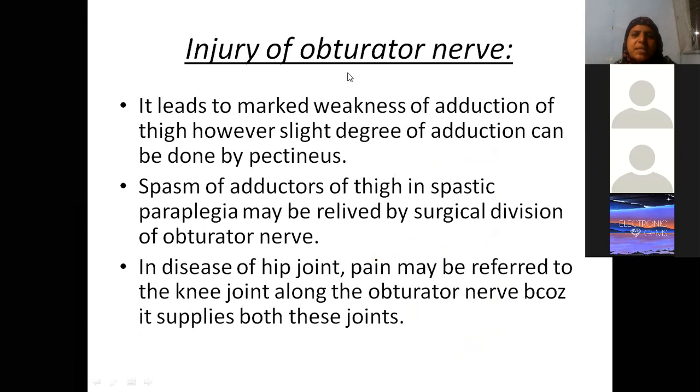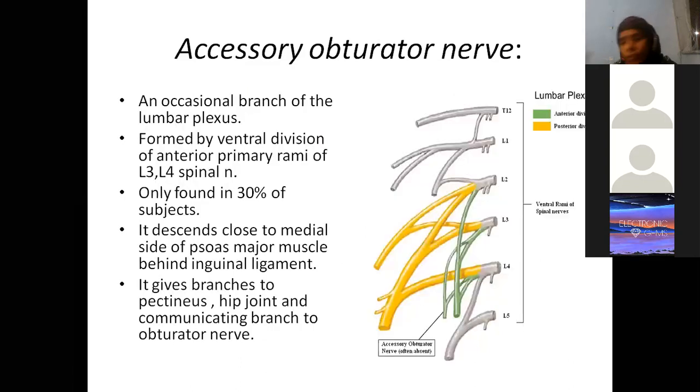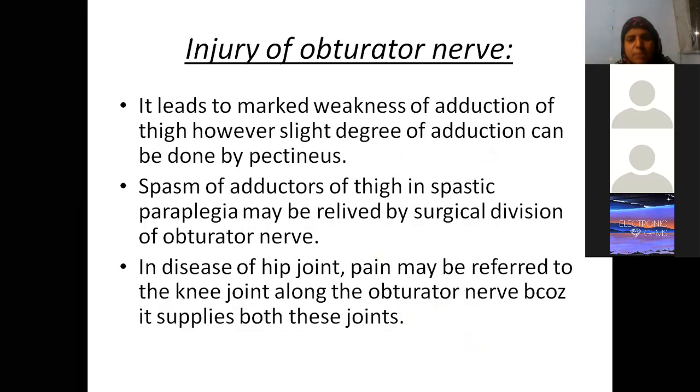Now suppose there is any injury to the obturator nerve, obviously what will happen? Think over. Adductor longus, adductor brevis, adductor magnus, pectineus, gracilis, all damaged. So adduction of the thigh is not possible, isn't it? Whatever movements these muscles are doing, that is gone.